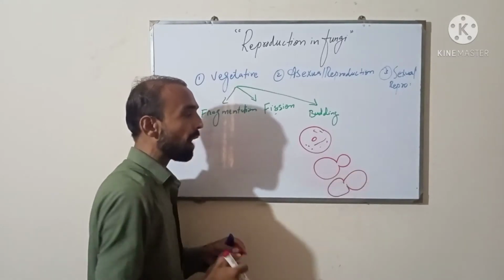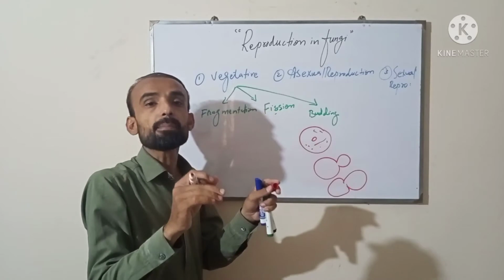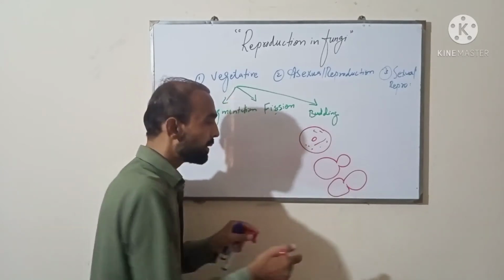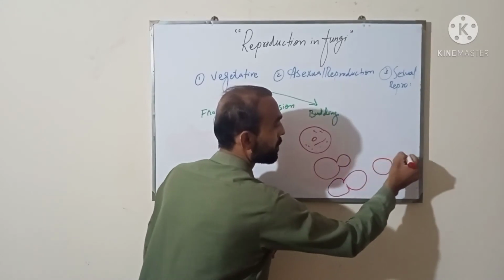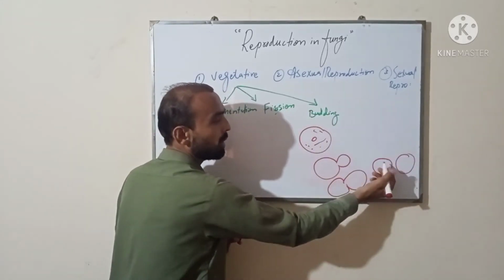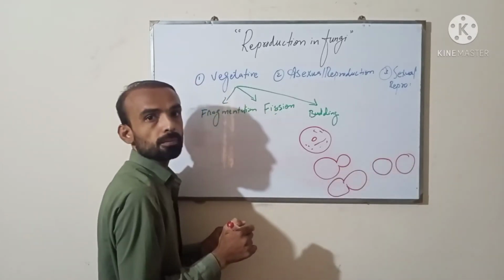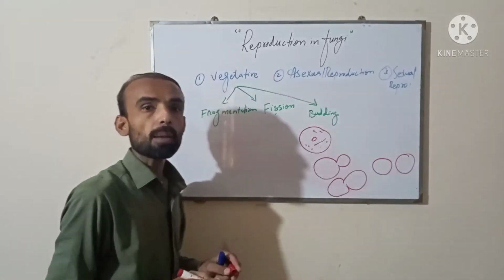When this tiny outgrowth becomes very large and mature, it separates from the parent. Now two fungi are produced. This type of reproduction is known as budding. What happens during budding?